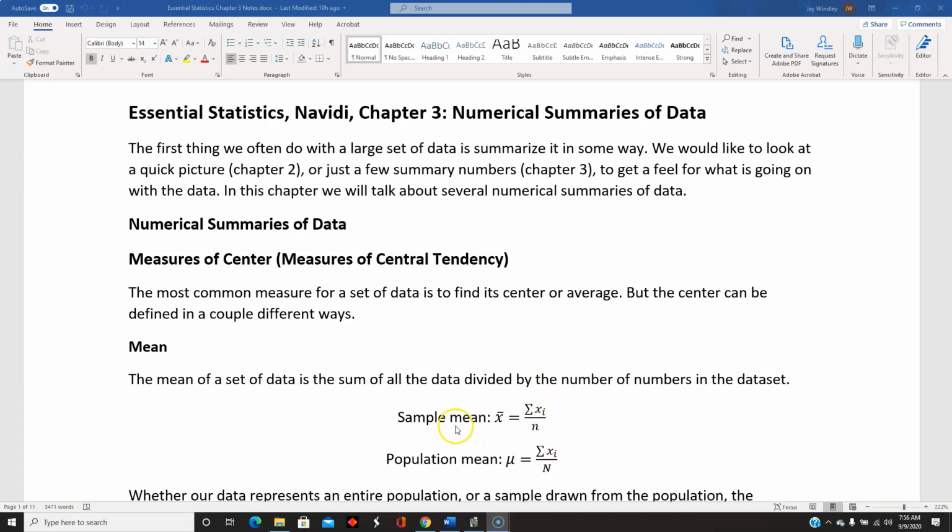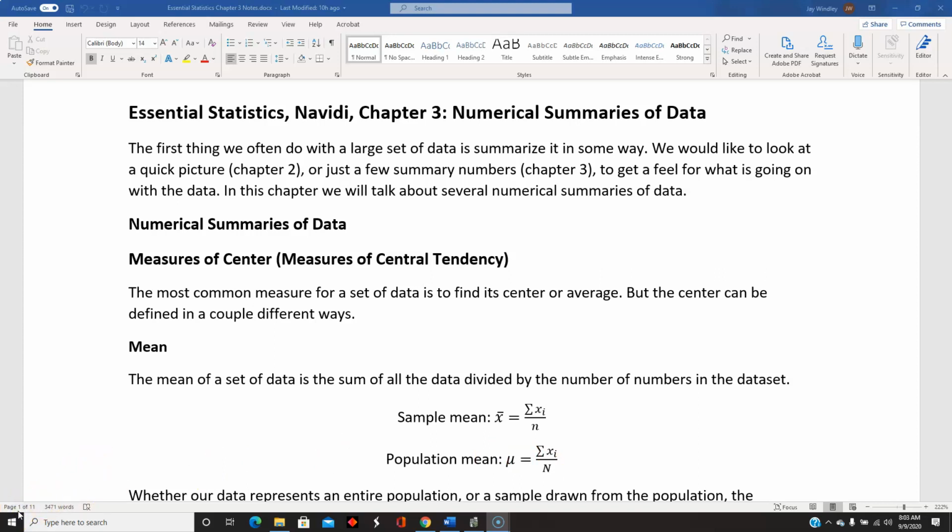But also notice that for a sample, the number of numbers is a lowercase n, and for a population, the number of numbers is an uppercase N. Even though it's the same operation, we have different notations because later on in the course, there will be times when we're referring to the population mean and a sample mean at the same time. So we need to be able to keep those two straight.